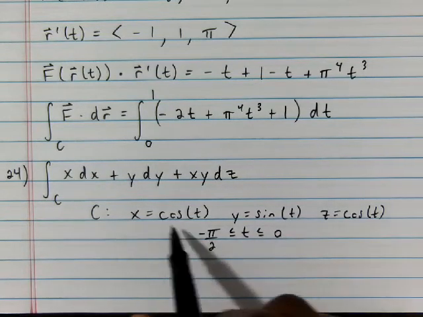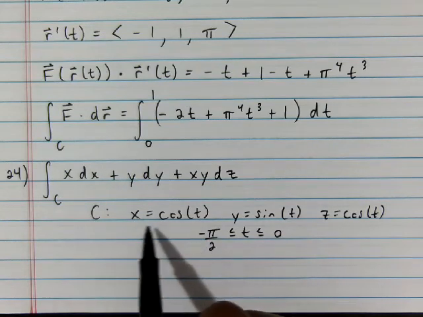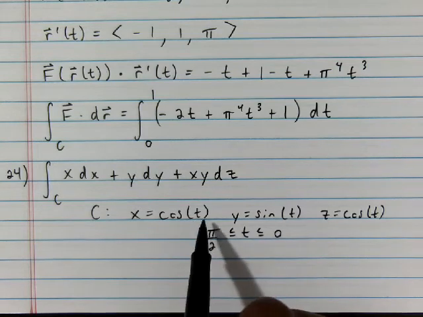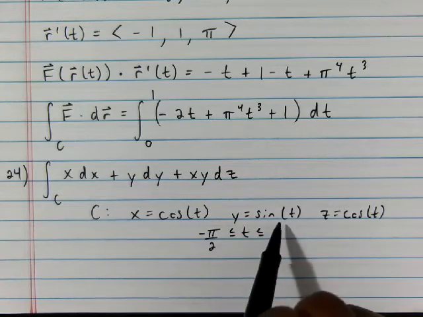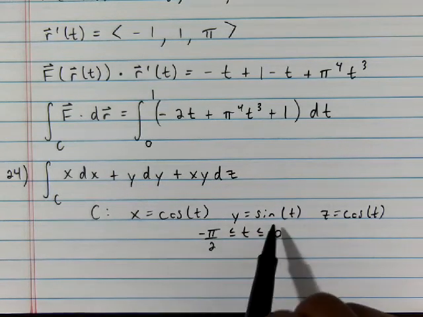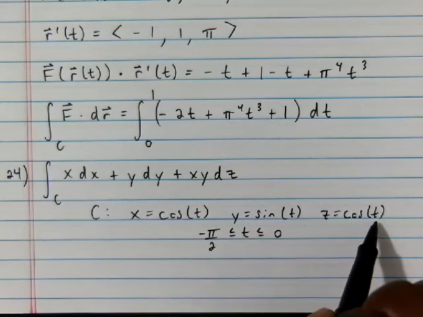So x is cosine t, dx is the derivative of this, so dx will be negative sine t dt. And y is sine t, dy is cosine t dt. And then x times y is cosine t times sine of t, and dz is negative sine of t dt.